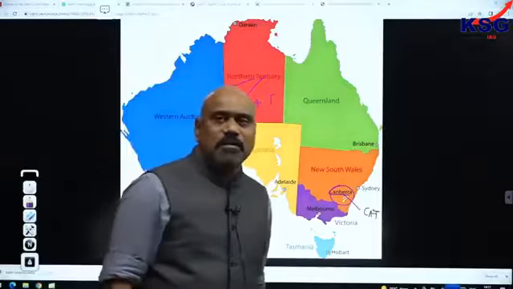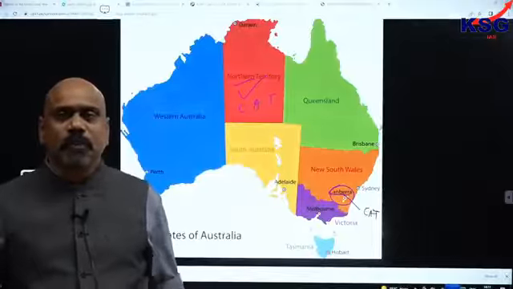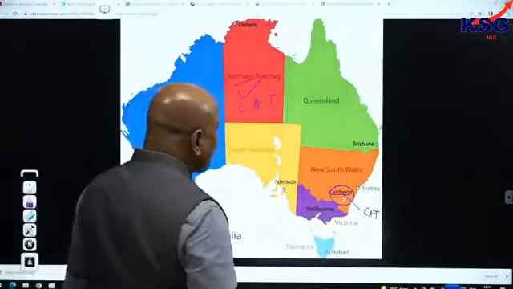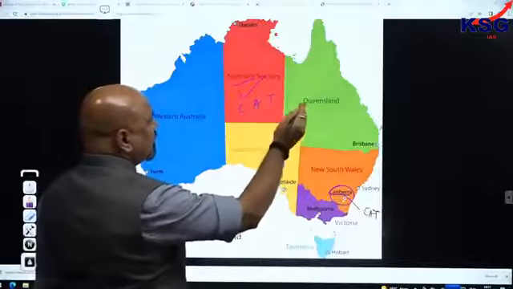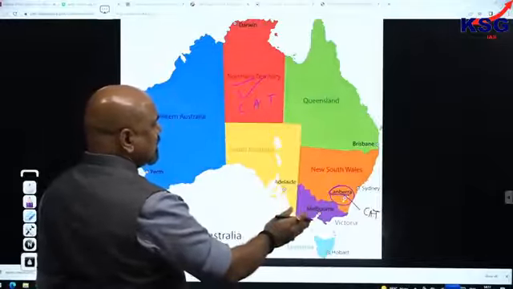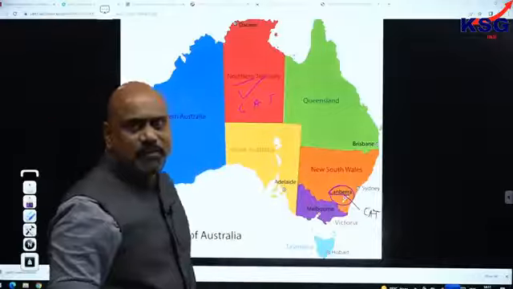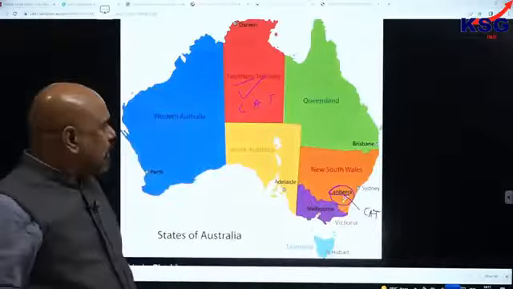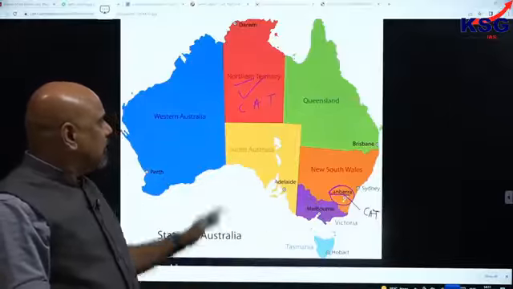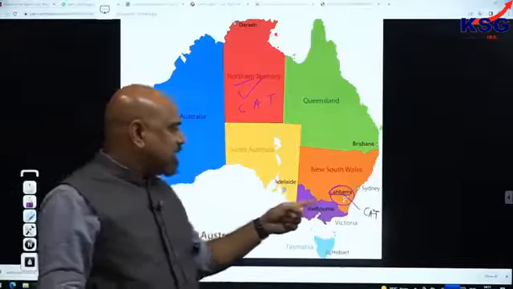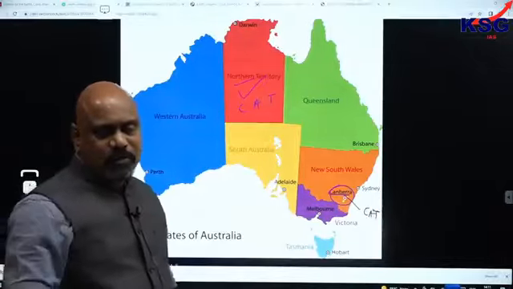Canberra and Northern Territory are centrally administered territories. You can find the states here: Northern Territory, Queensland, New South Wales, Victoria, South Australia, Western Australia. Out of which two, Northern Territory and Canberra, are centrally administered territories.